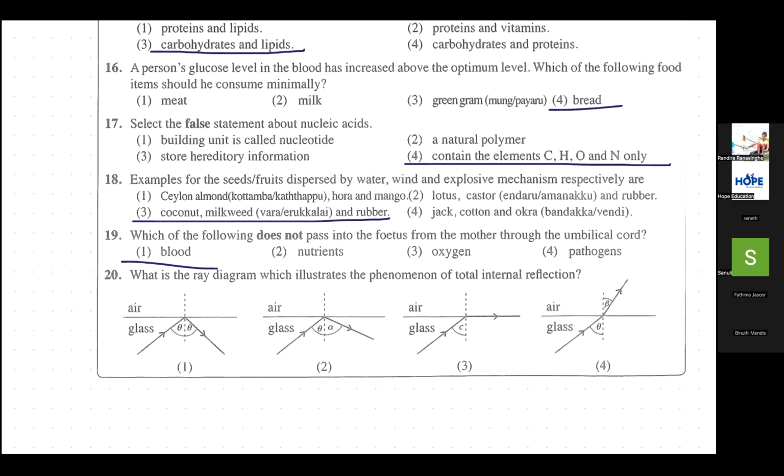Then, what is the ray diagram which illustrates the phenomenon of total internal reflection? What did you put? Okay, others? So what about the third one? What is the problem with the third one?